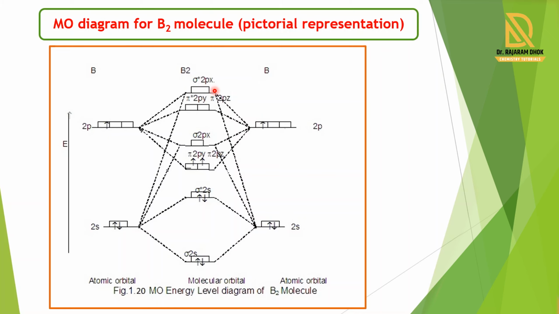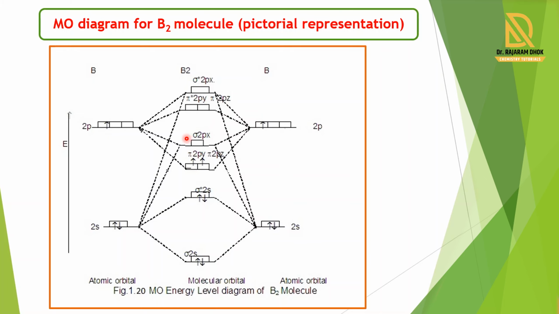Now we see the formation of pi bonds. The py atomic orbital of the first boron atom and the py atomic orbital of the second boron atom form a bonding molecular orbital when the wave functions are the same.